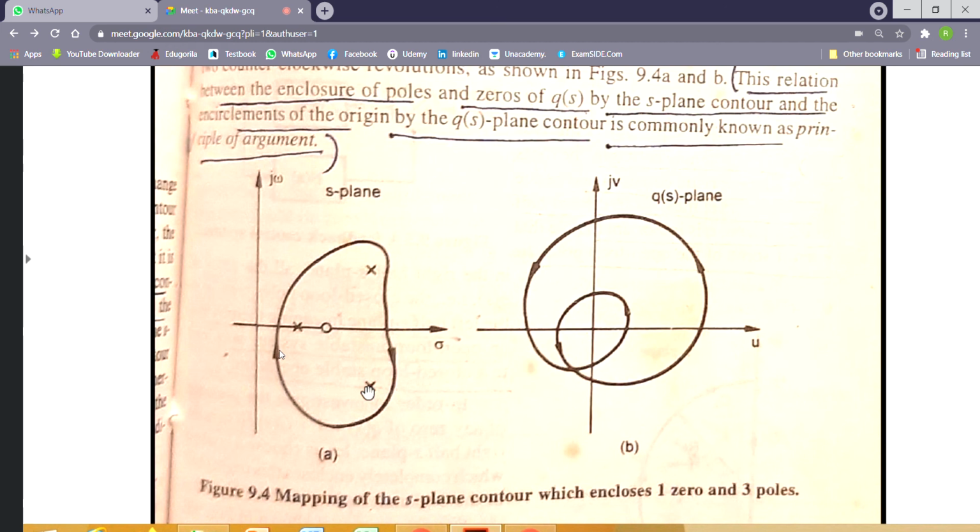That means 6 pi minus 2 pi, which is equal to 4 pi. So the corresponding QS plane contour will encircle the origin of the QS plane twice, 4 pi being 2 into 2 pi, in the counterclockwise direction.